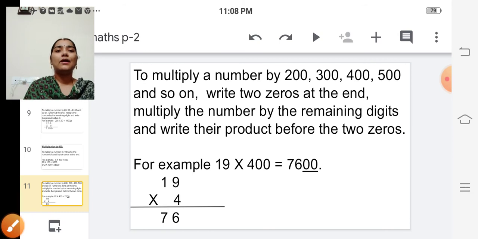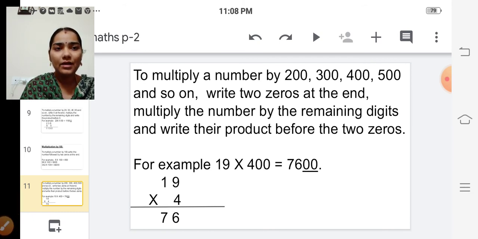To multiply a number by 200, 300, 400, 500 and so on, write 2 zeros at the end. Multiply the number by the remaining digits and write their product before the 2 zeros.